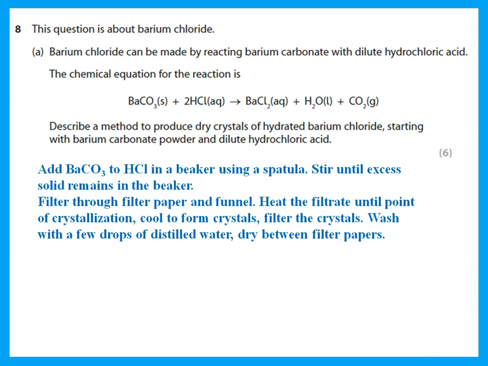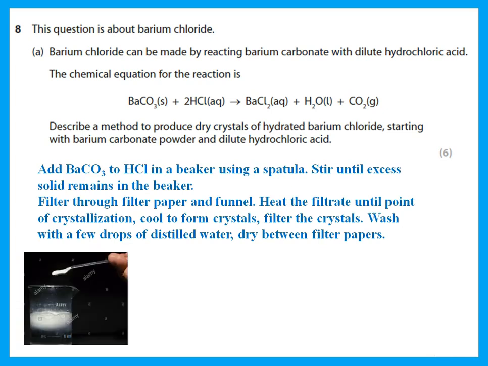What do we do in the neutralization method? We add the barium carbonate to HCl in a beaker using a spatula. Stir until excess solid remains in the beaker. Remember, the barium carbonate, at the beginning, it will react and dissolve, and then react and dissolve. And remember that it will give off fizzing because it's giving off carbon dioxide gas.